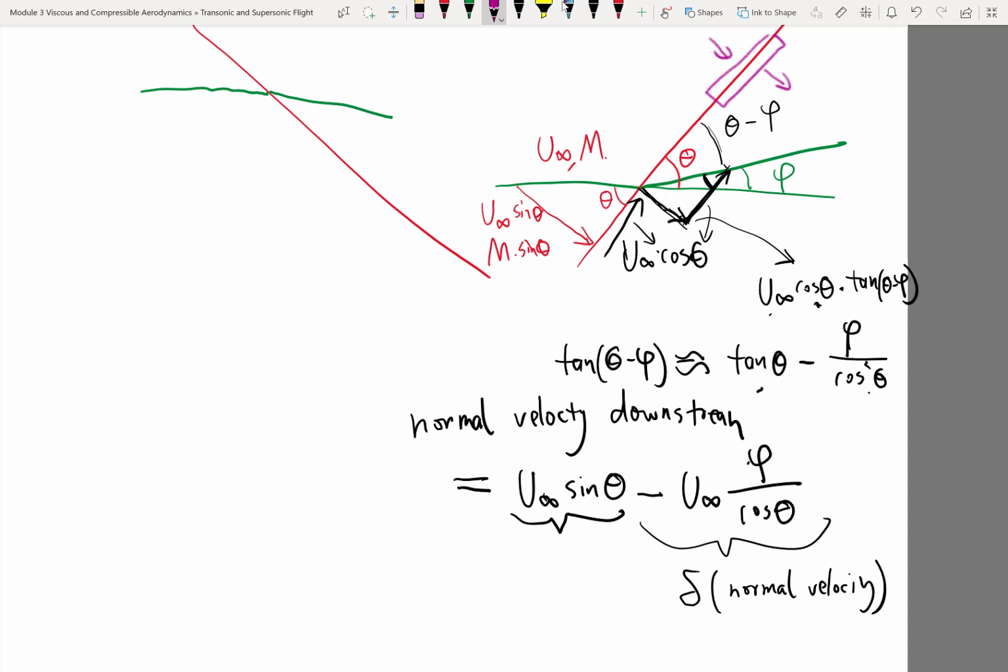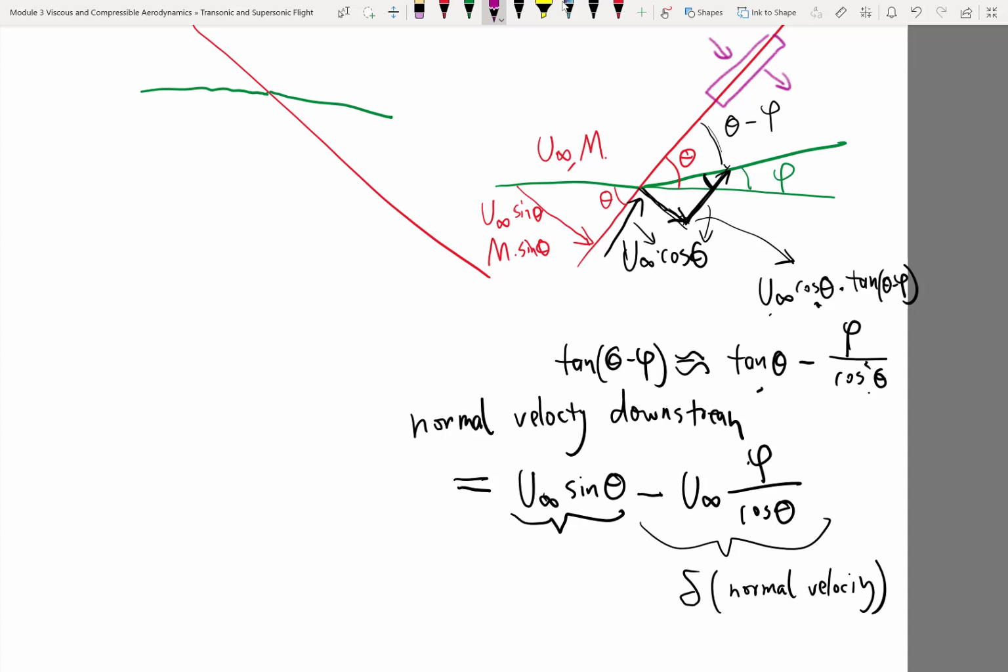So that mass flux times the normal velocity before the shock, u infinity sine theta, minus the same mass flux times the normal velocity after the shock, which has been changed by this, is the difference in the momentum flux in and out. What is going to balance that difference? What makes up for the less momentum coming out of the shock than the momentum that goes into the shock?